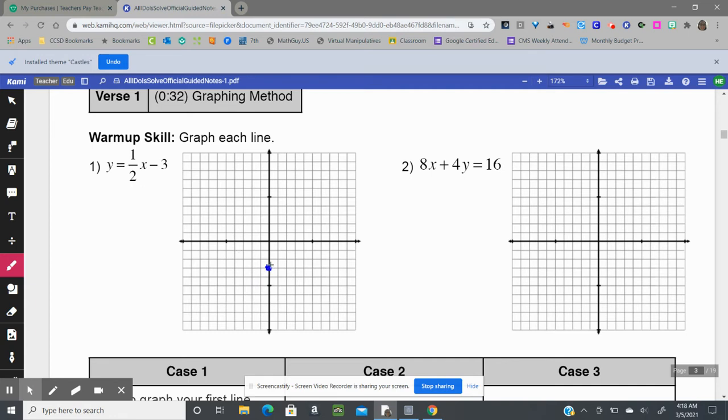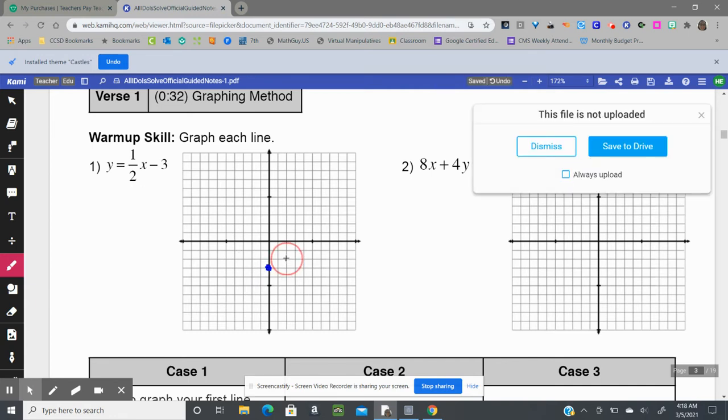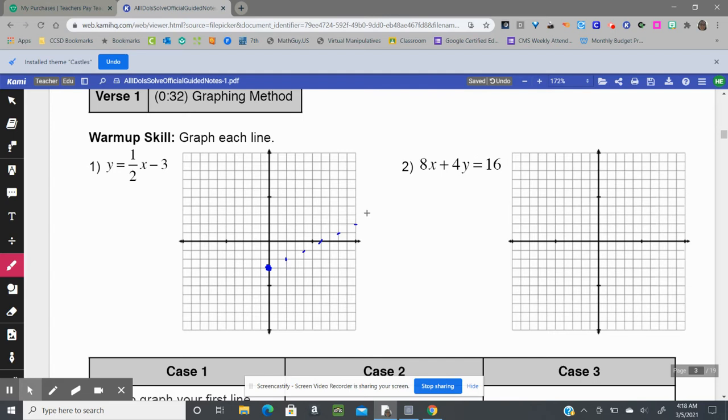Our slope is 1/2, so we go up 1 over 2, put a dot, and repeat. We can continue in the other direction, and then connect our points in a linear line. Don't forget the arrows, because it keeps going forever and ever in both directions.